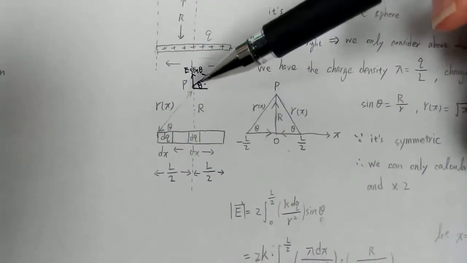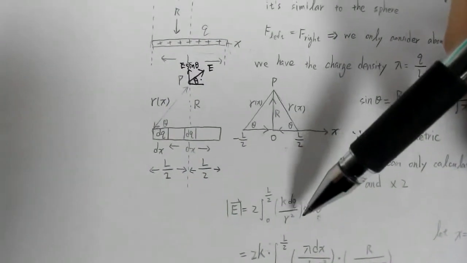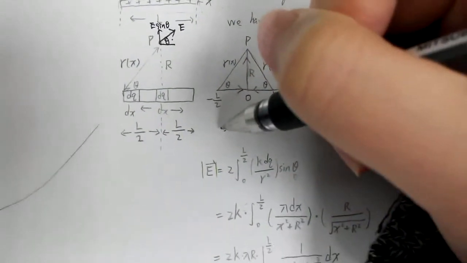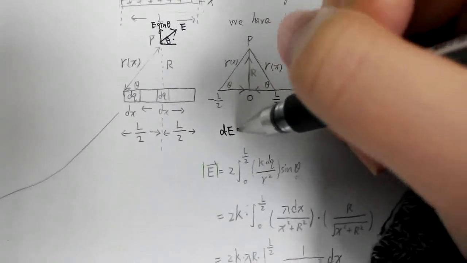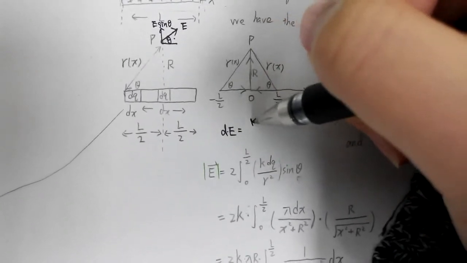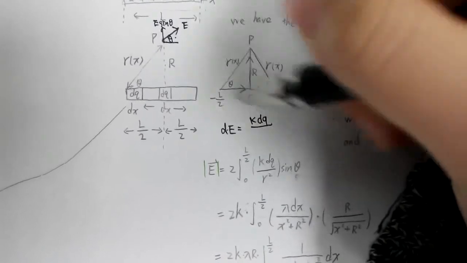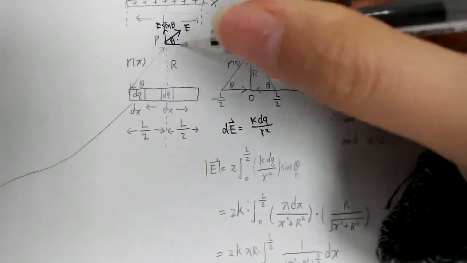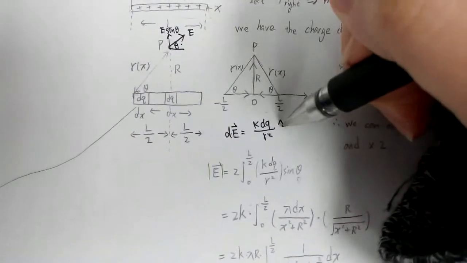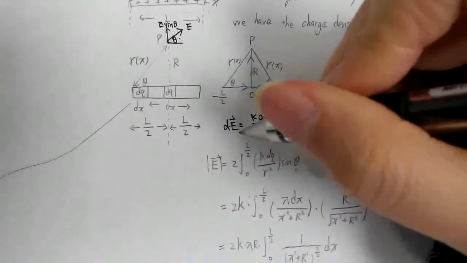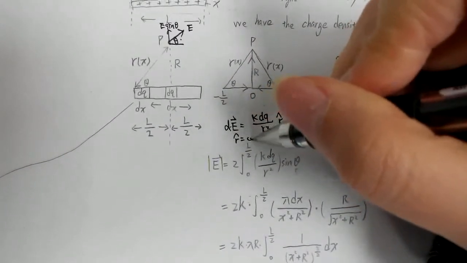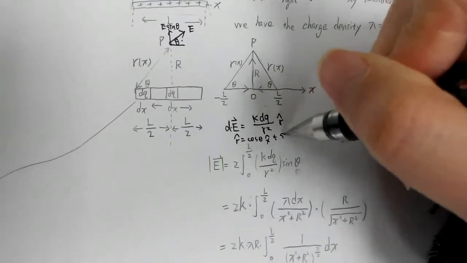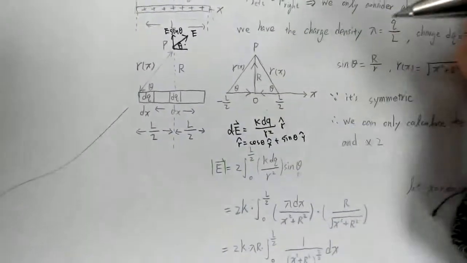So that's why when we integrate dE, maybe I can write dE right here. dE will be K dq divided by R squared. But this dE, you know, is a vector, and this vector is going along R. And here you will know R will equal cosine theta x plus sine theta y, right?